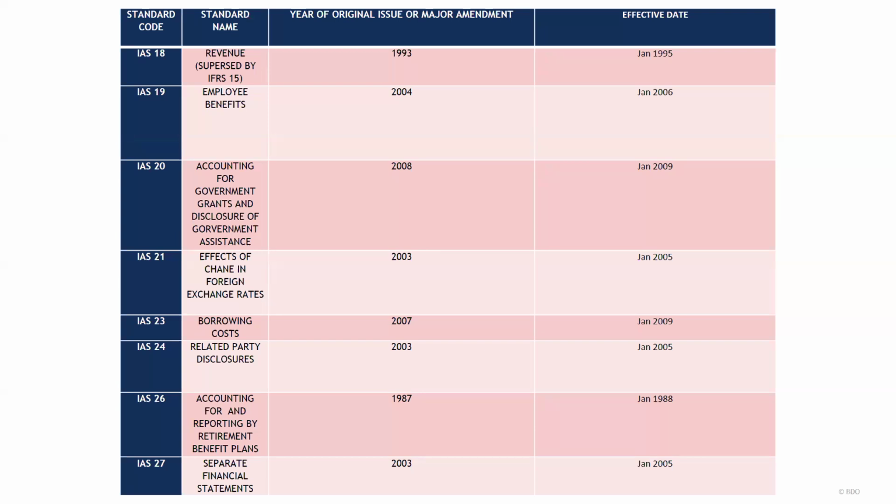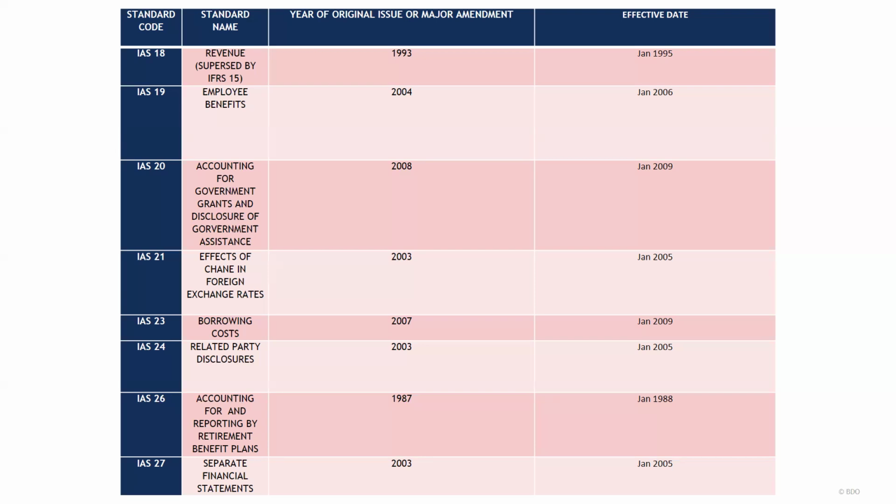I've left out some other standards like IAS 29 dealing with hyperinflationary economies, IAS 32 dealing with the presentation of financial instruments, IAS 33 dealing with earnings per share, IAS 34 dealing with interim financial reports, IAS 36 dealing with impairment of assets, whereby it requires that an asset must be carried at no more than its recoverable amount.